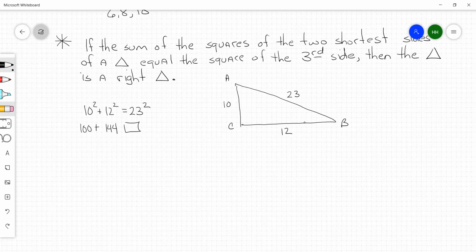That's 529. No way. Does 100 plus 144 equal 529? No. Is this a right triangle? No, this is not a right triangle.